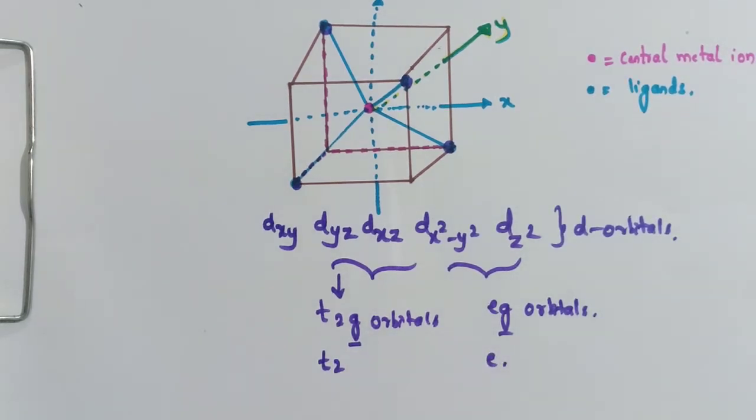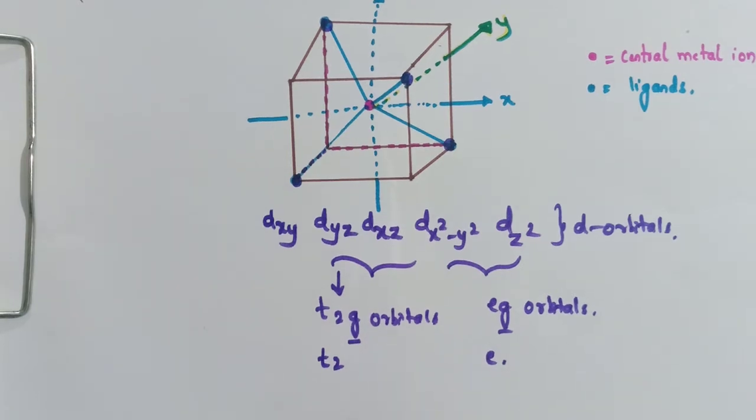Here what happens in the tetrahedral complex is, before the approach of the ligands, these 5 d orbitals are degenerate. That means they have equal energies.